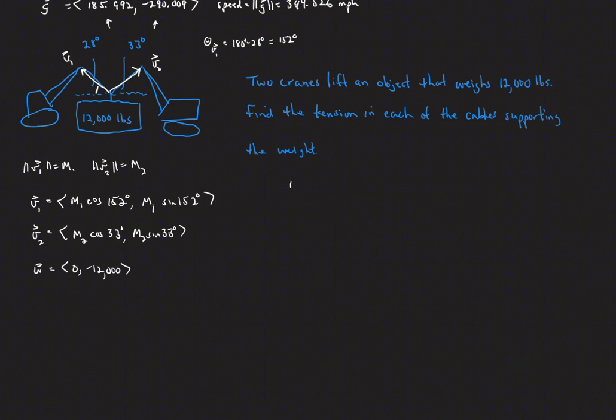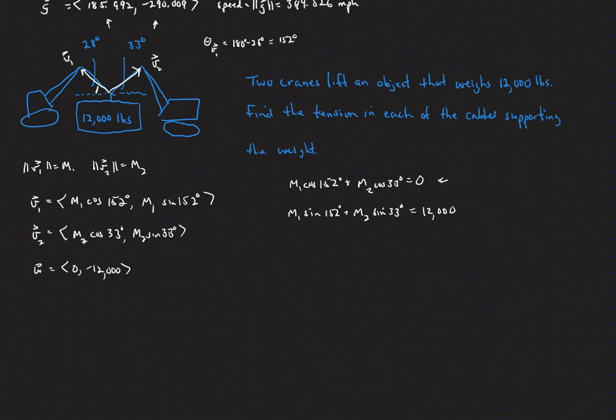We know the sum of our horizontal components is going to be 0: M1 cosine of 152 plus M2 cosine of 33 is going to be 0. In a similar fashion, our vertical components are going to be 0: M1 sine 152 plus M2 sine of 33, and then minus the 12,000, which I'm going to add to the other side to be equal to 12,000.